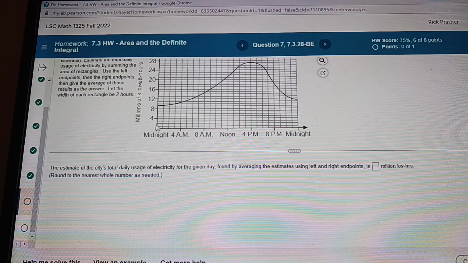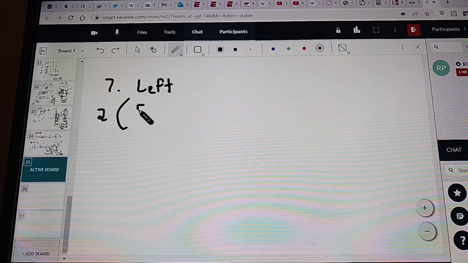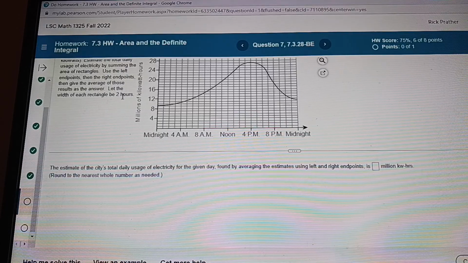So I'm going to start at midnight. Whatever this height is right here, f of 0, if you call midnight 0, it looks like that's about 9 right there. I'm going to estimate that as a 9. Then move 2 hours ahead because they said the widths are 2 hours. So go to 2 a.m. What's this right there? Now it's hard to tell.